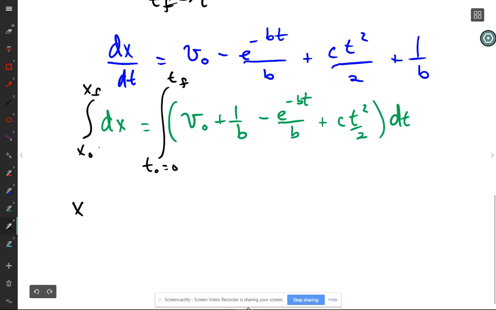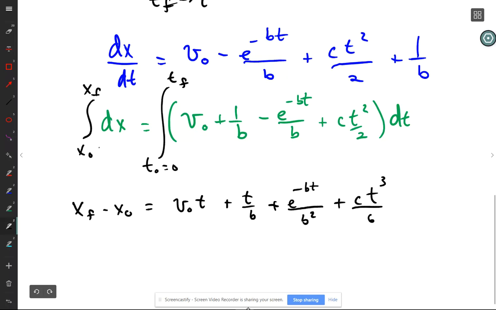And so I'll have that beast. And the final step will be putting in the limits. Notice I put in the limits on the left side instantly. It, once again, doesn't really bear writing to write x limits from x initial to x final.